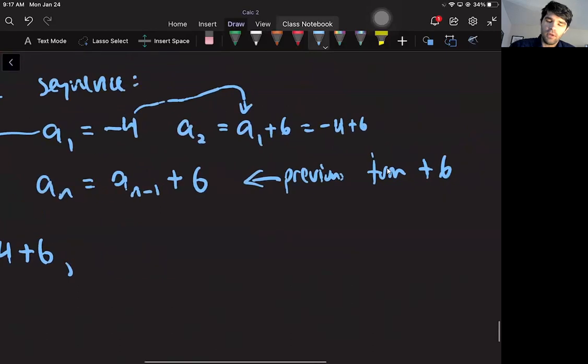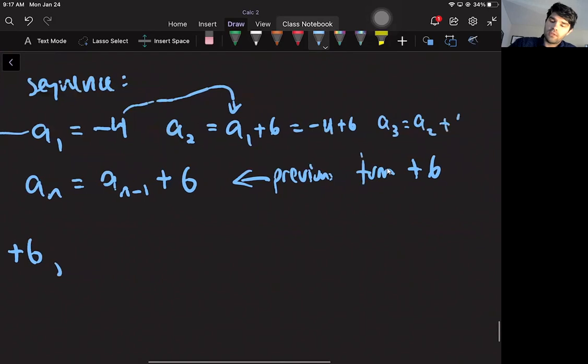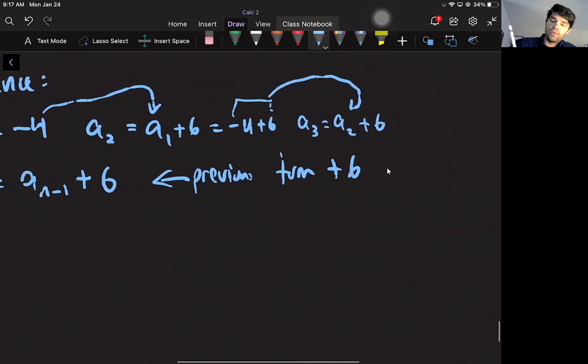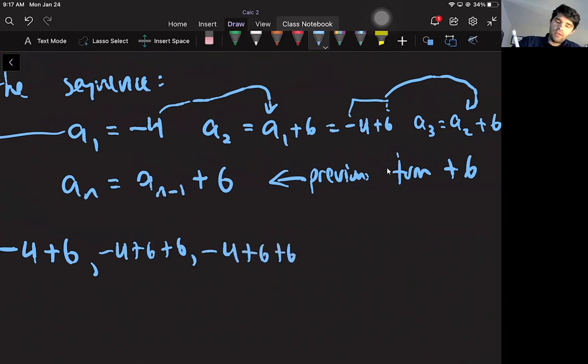Instead, just keep going. So what's A3 going to be? It's the previous term, A2 plus 6. Well, the previous term I know is negative 4 plus 6. So I get negative 4 plus 6 plus 6. And I bet you can guess the next one will be negative 4 plus 6 plus 6 plus another 6. And that's the pattern.